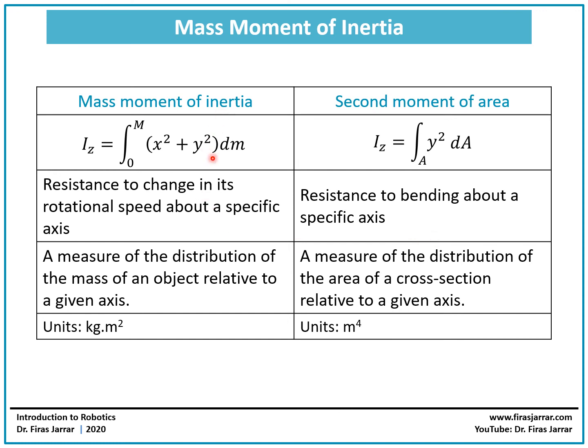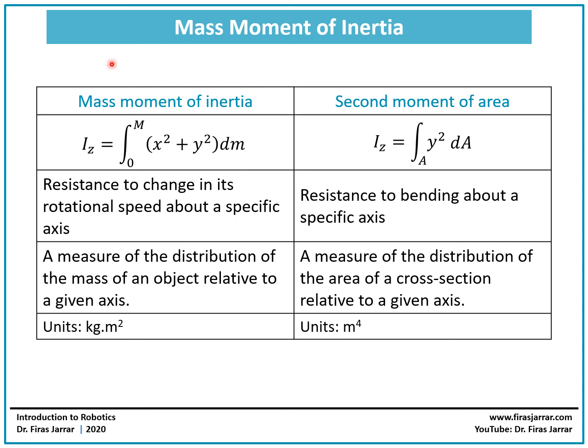The mass moment of inertia is a measure of distribution of mass of an object relative to a given axis, whereas the second moment of area is a measure of distribution of area of a cross-section relative to a given axis. The units for mass moment of inertia are kilograms meter squared, whereas for the second moment of area, it is meter to the power 4.